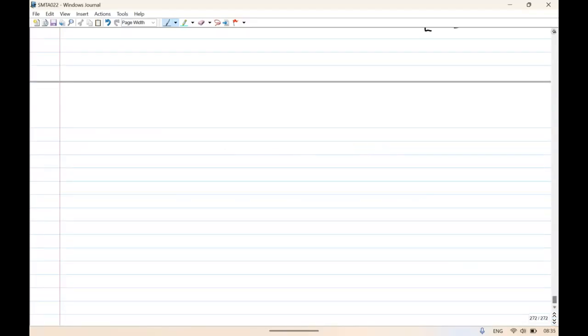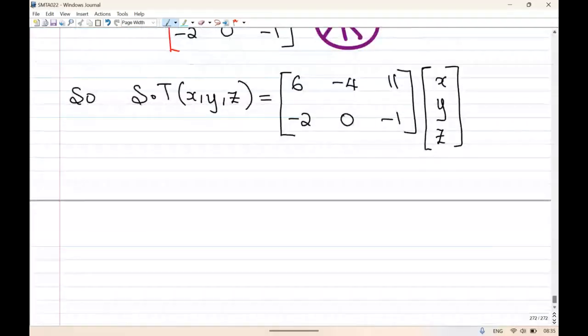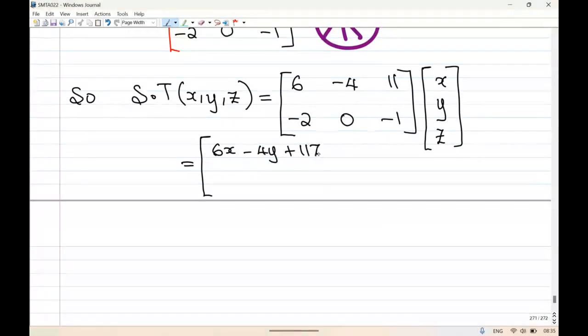What is going to be our answer? When you multiply this, row number 1 will multiply that column, and you will have 6x minus 4y plus 11z. Then you are going to have minus 2x and then minus z.